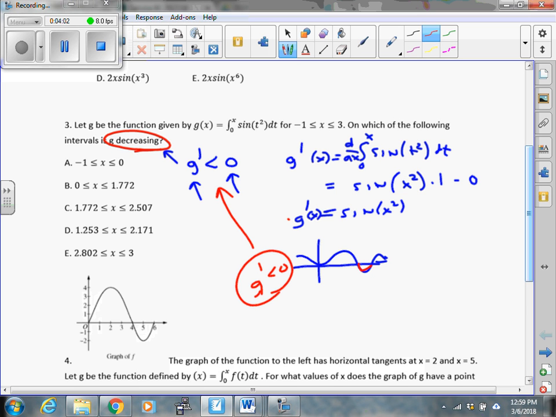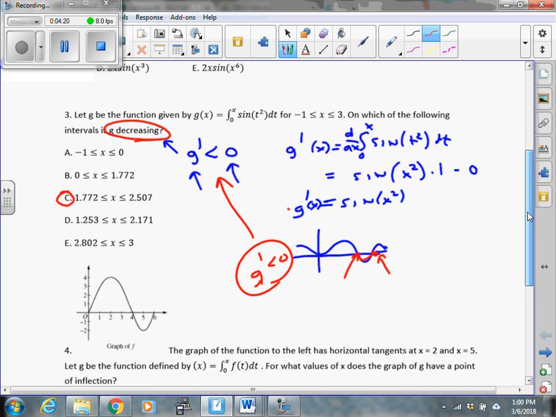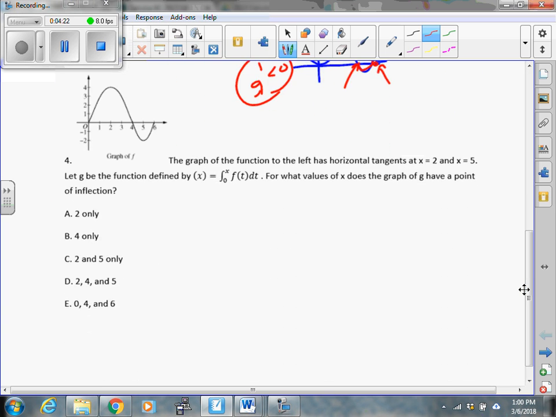That occurs here and here. So I need to find the zeros here and here, because it's everywhere in between, which I'm not sure which one of those answers it is. I believe it's this one. I'm not positive, but you can find the zeros there yourself. Next question.